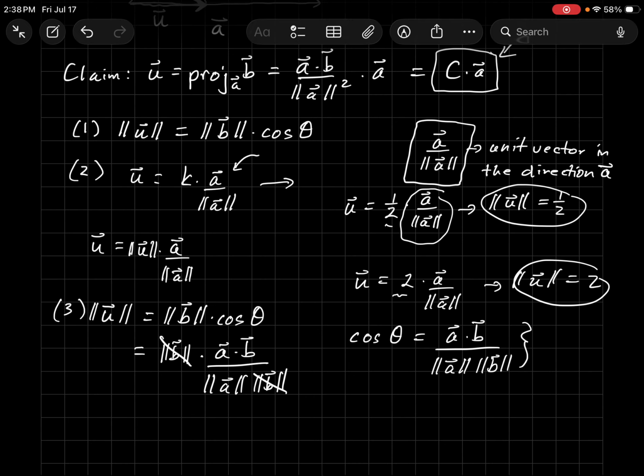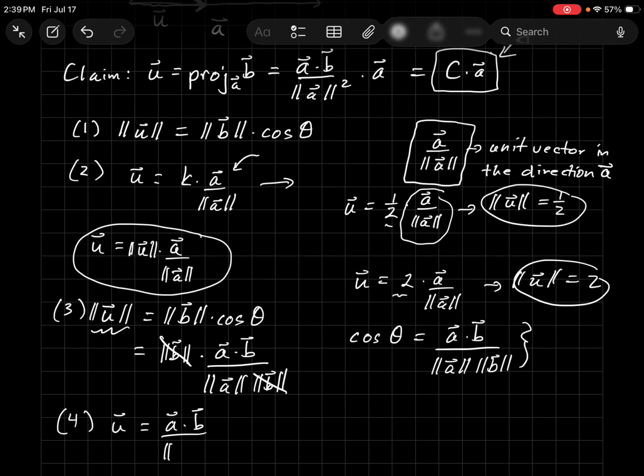So we get that the magnitude of U is A dot B over the magnitude of A. And now if we put this together with what we found in part 2, we get that the vector U is the magnitude of U, which is A dot B over the magnitude of A, times A over the magnitude of A. So dot products are numbers, magnitudes are numbers, and this A over here is going to be a vector.